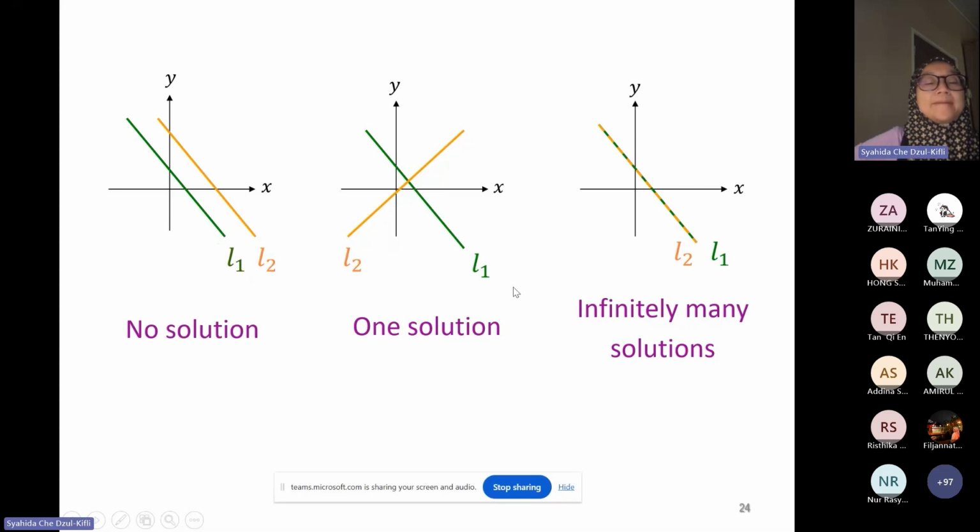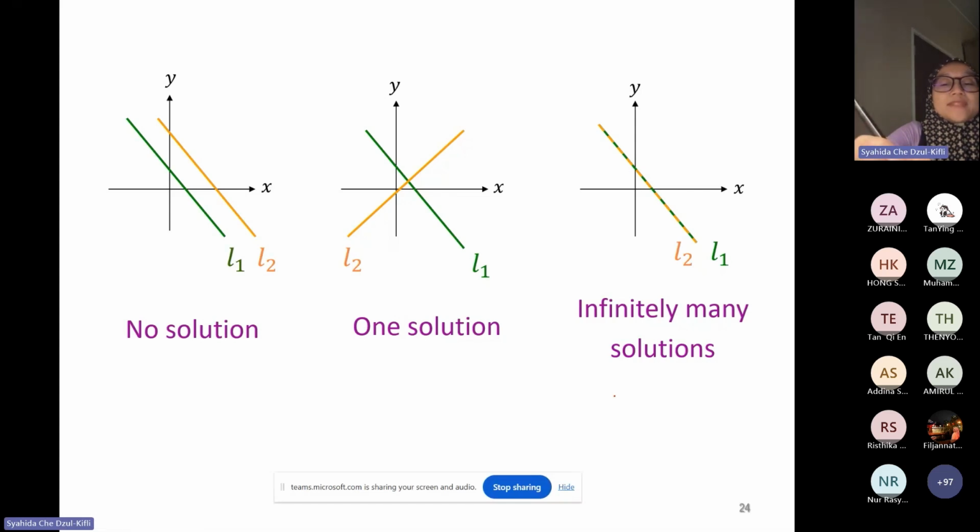The second possibility is that they intersect at one point. Whenever they intersect, it is at one point only, so the system of linear equations has only one solution. The third possibility is that the two lines lie on the same line.